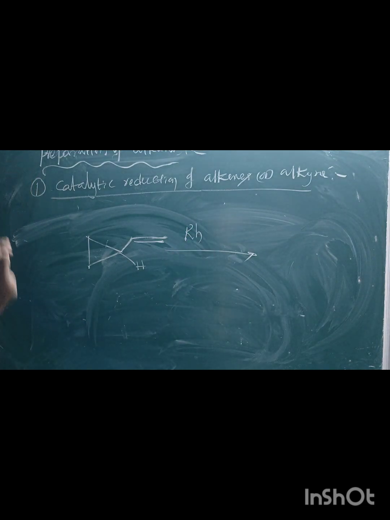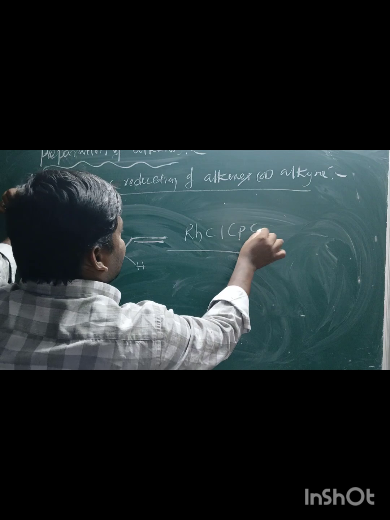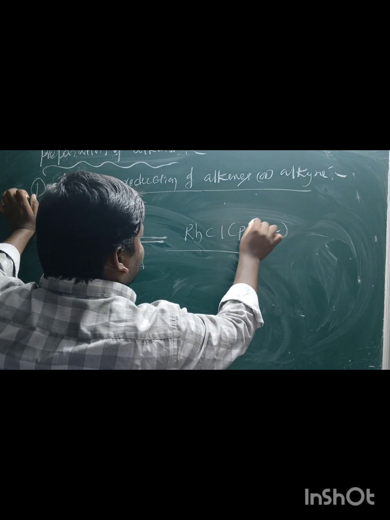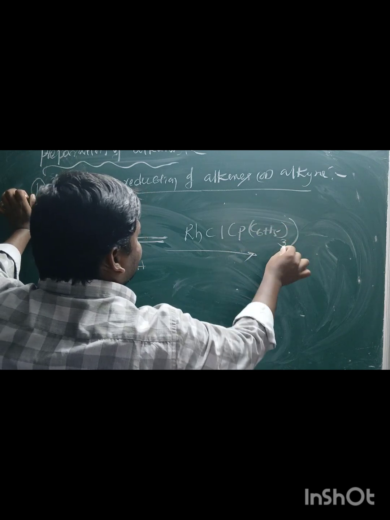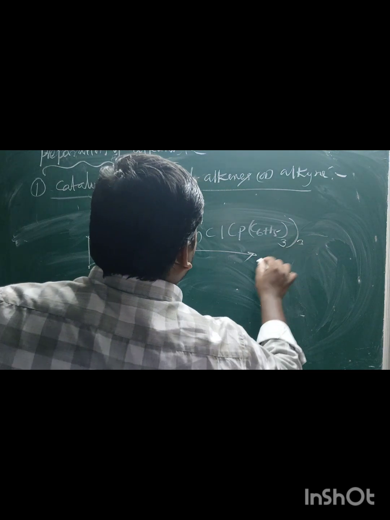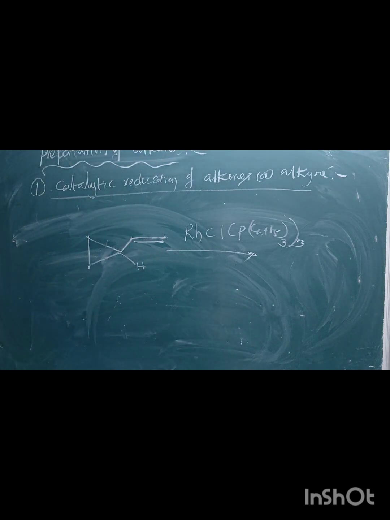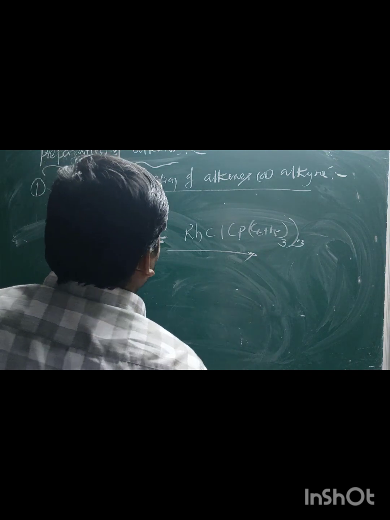Rh, Cl, P(C6H5)3 taken thrice. This catalyst is called chlorotris(triphenylphosphine)rhodium.